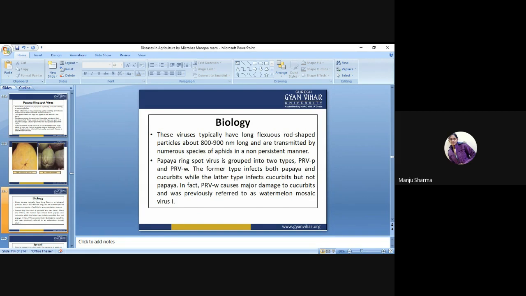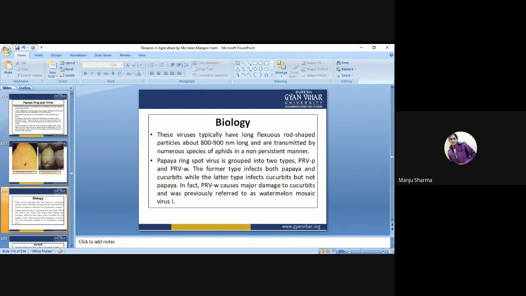These viruses typically have long flexuous rod-shaped particles about 800 to 900 nanometers long and are transmitted by numerous species of aphids in a non-persistent manner. Papaya ring spot virus is grouped into two types, PRSV-P and PRSV-W.